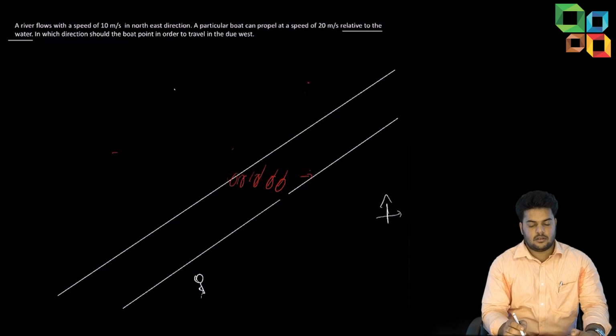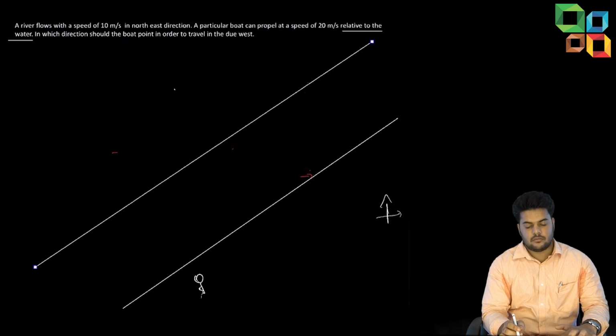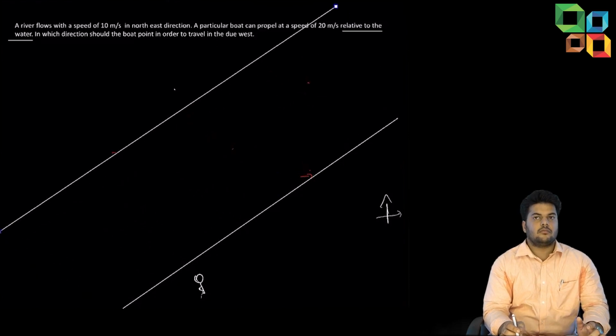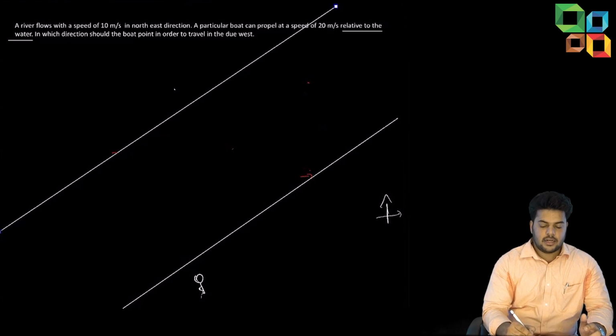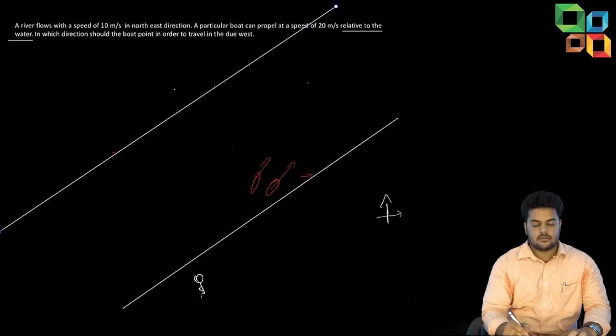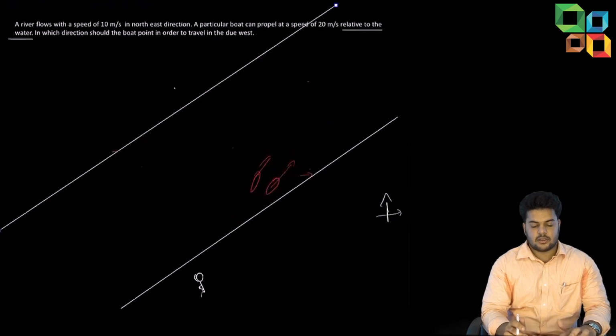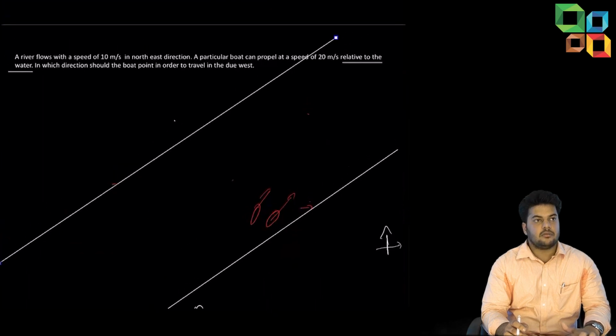All right. Is that okay? So let's say you decided that this is the direction you need to look at, and you decided to go like that. Now suddenly if somebody moves the shore towards the river, do you suddenly have to change the direction or something?